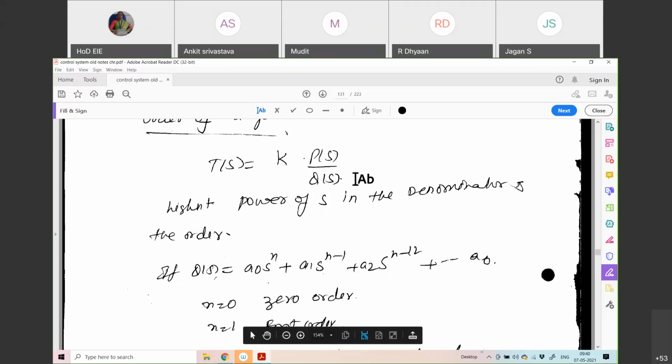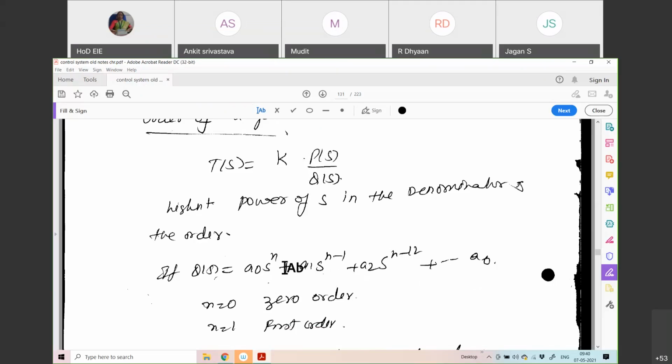So what I would like to say is, if you have a transfer function with P(S) by Q(S), and Q(S) is in polynomial form, of order N, it could be A0 into S to the power of N, and the number in A is increasing whereas the power of S is decreasing by 1.